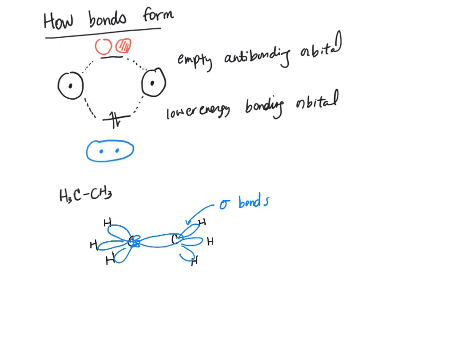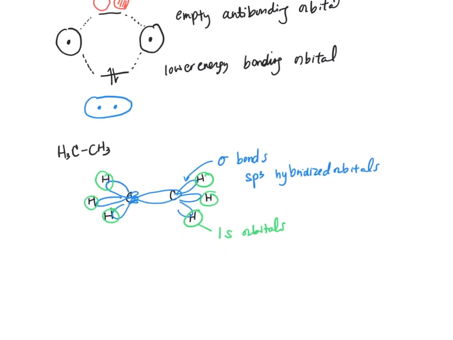The ones that are in blue represent sp3 hybridized orbitals. And the ones in green represent the 1s orbitals. And that's because hydrogen has an electron in its 1s orbital.